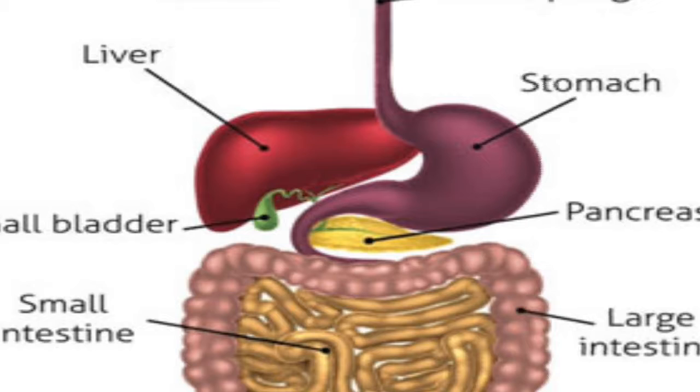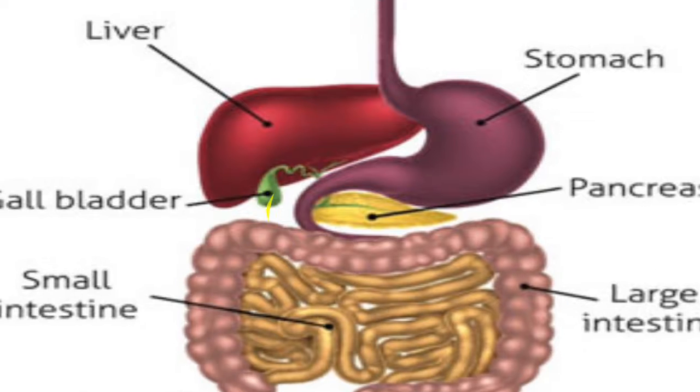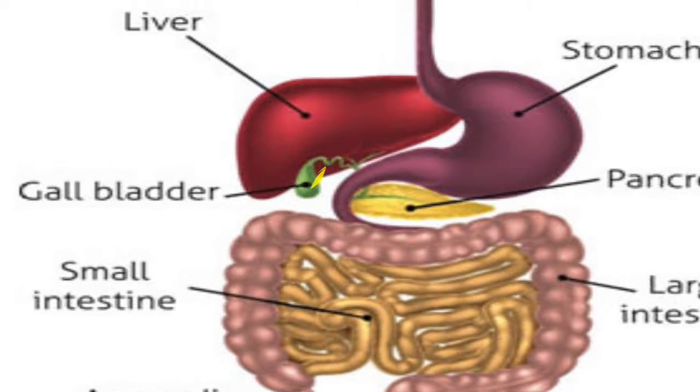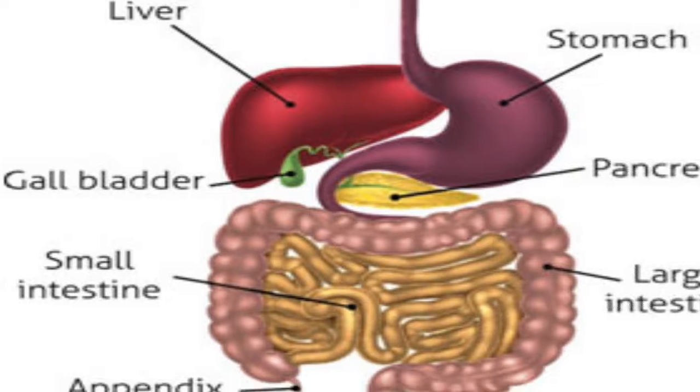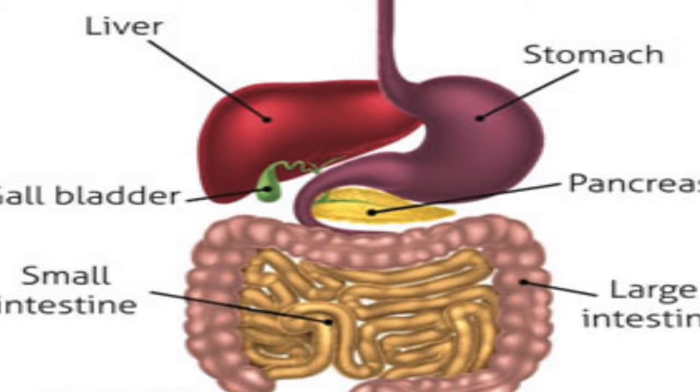So here another function of bile remains: when bile is secreted from the gallbladder, it converts the large fat molecules into small droplets, and those small fat droplets are acted on by the lipase, which breaks them down into fatty acid and glycerol.